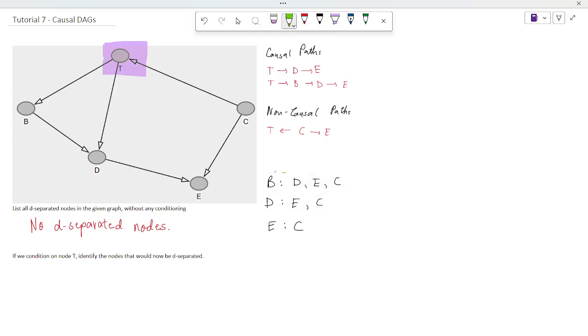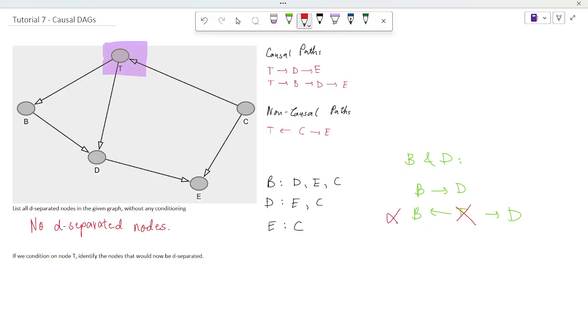Let's begin with the first one, B and D. Everything else goes exactly as usual. You can list all the paths between B and D. I can see that there is a direct path that goes from B till D, and then there is a particular path that goes from T till B and D. Since you conditioned on T, this path had a fork, and we know that if you condition on a fork the path gets blocked and the nodes become independent.